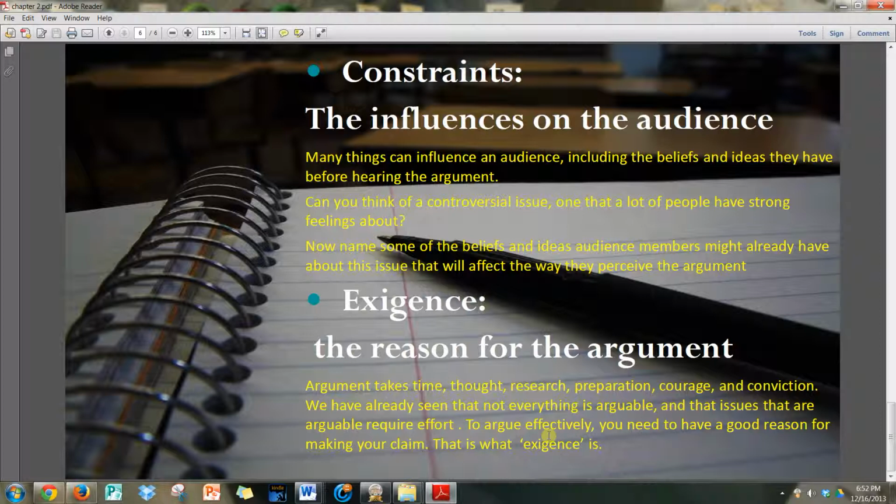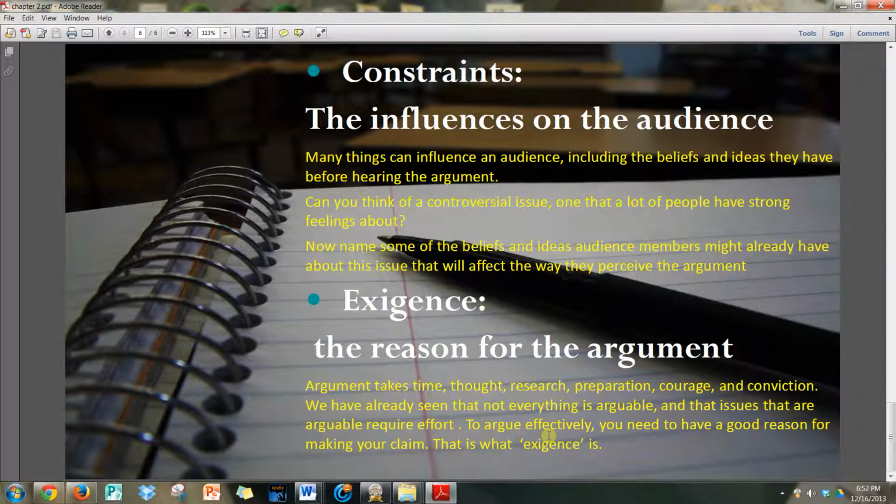For example, if you were going to discuss gun control in schools and you were to give a speech about that in front of a bunch of teachers, you would realize that these teachers would already have certain beliefs or ideas about guns in schools. As opposed to if you went to give that same speech to a group of, say, policemen.